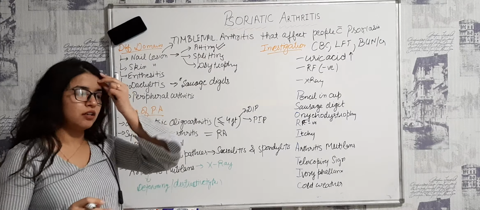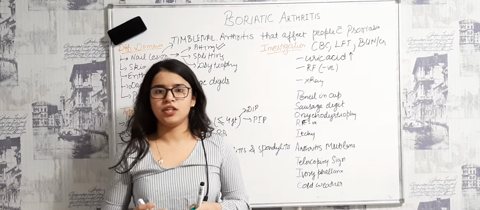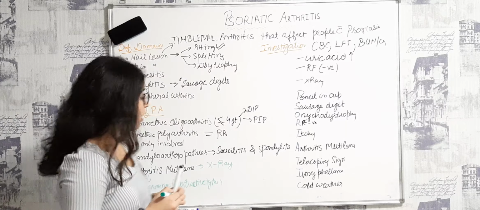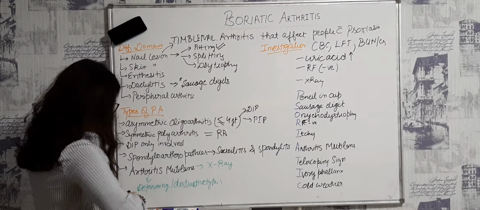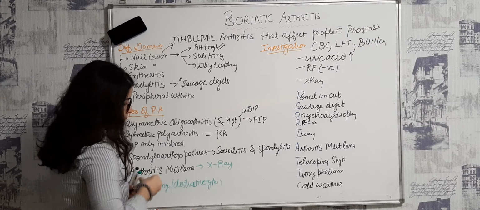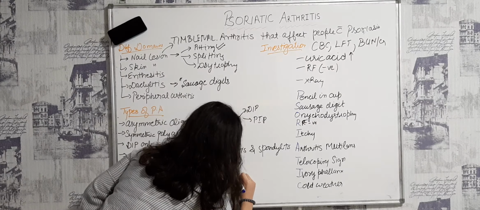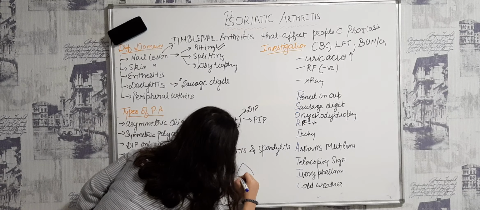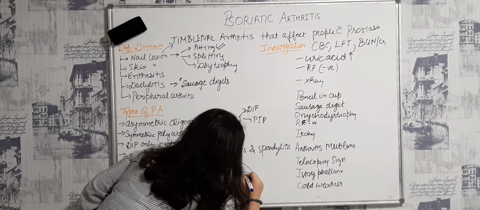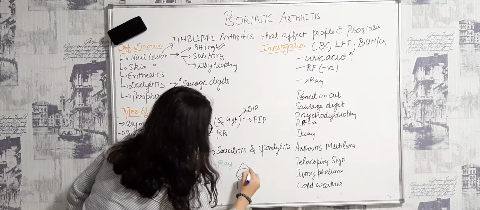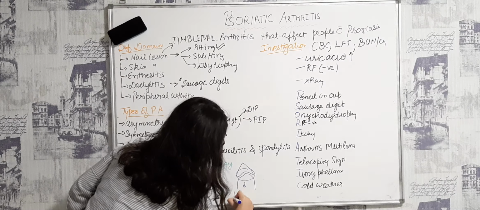It generally occurs in a very severe condition and it is very aggressive. And on X-ray you will see a pencil-in-cup appearance, like there is a cup and it looks like a pencil.